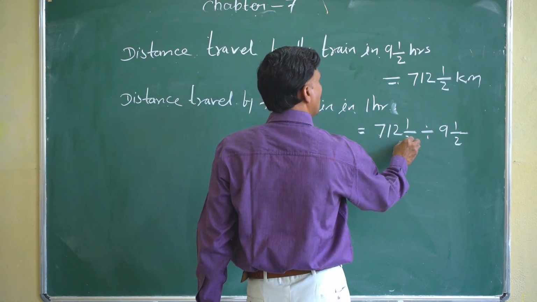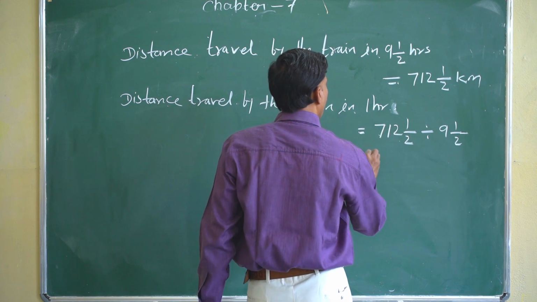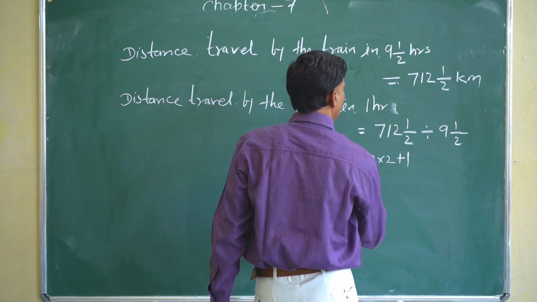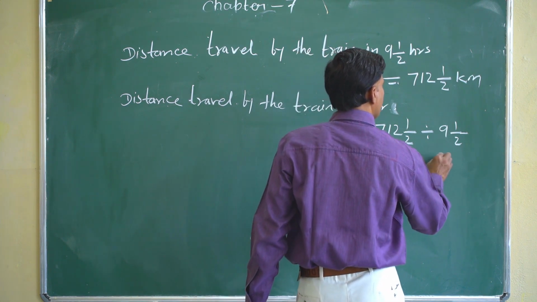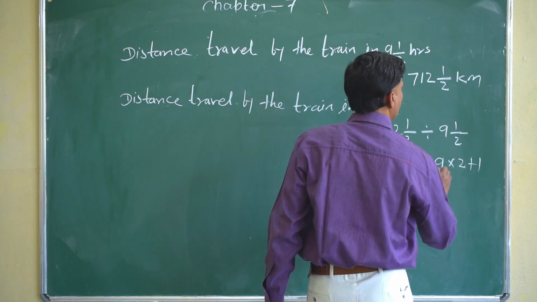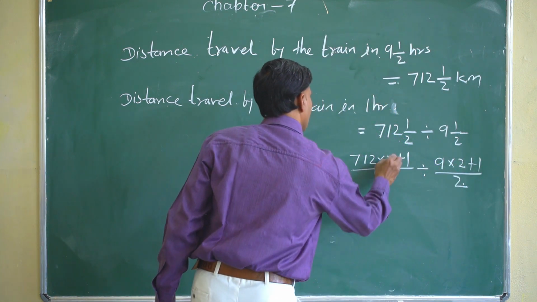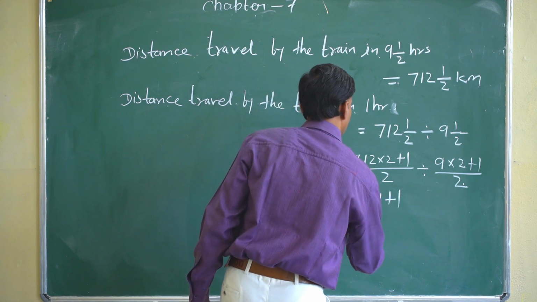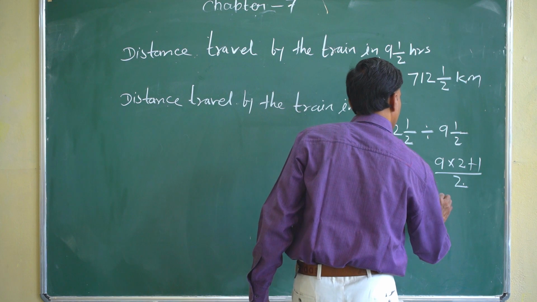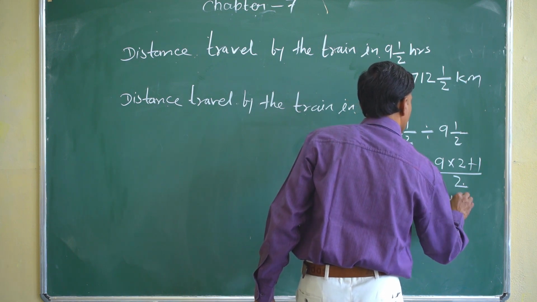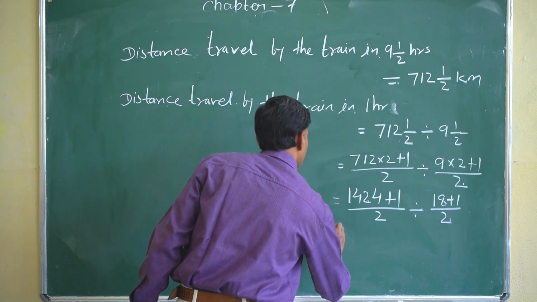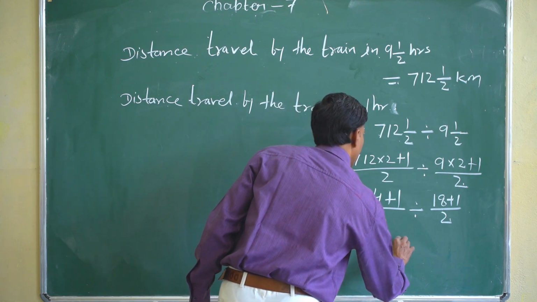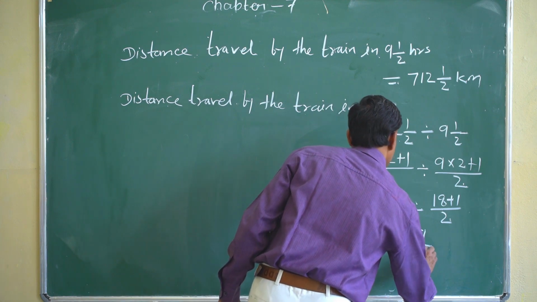712 multiplied by 2, so it becomes how much? 1424 plus 1 upon 2, and this is 9 into 2 plus 1 upon 2. So it becomes 1425 upon 2 divided by 19 by 2, right?